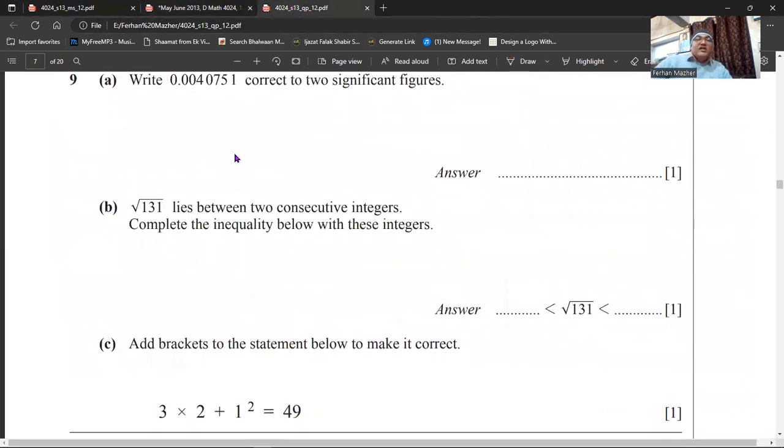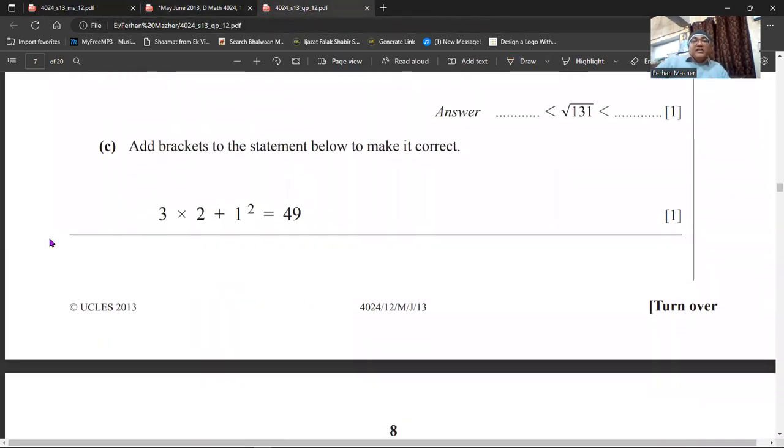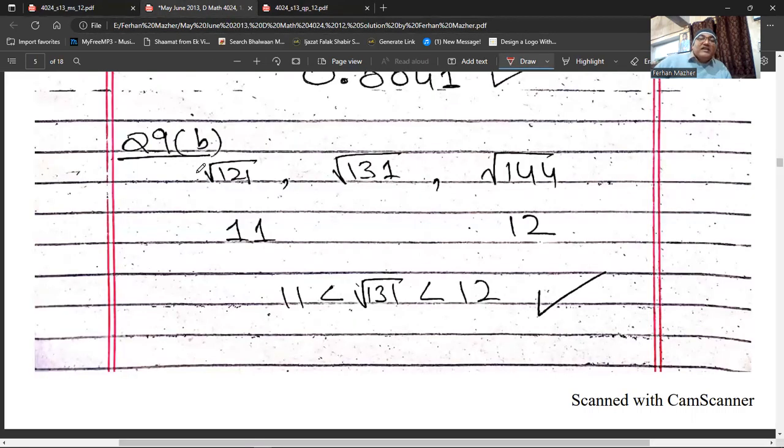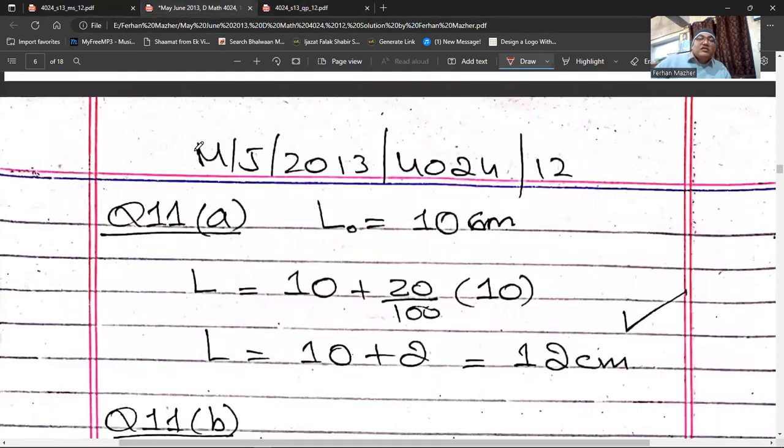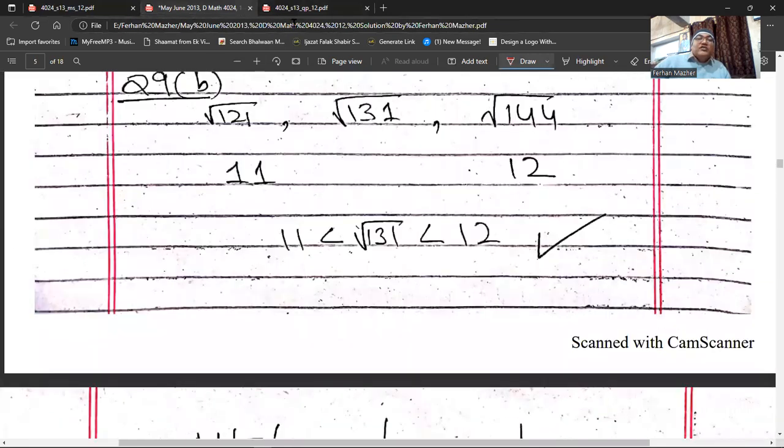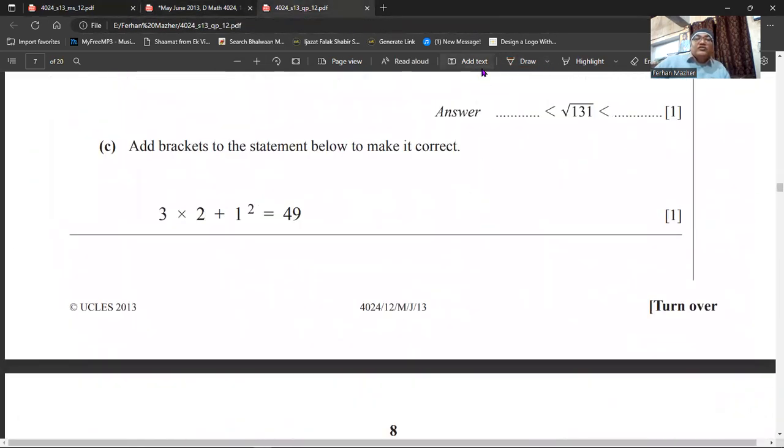Hopefully you understand. Question number 9, C part. He says, add brackets to the statement below to make it correct. The answer is 49. 3 twos are 6, 6 plus 1 is 7, 7 squared will be 49. So I can put a bracket here. Let me show you.